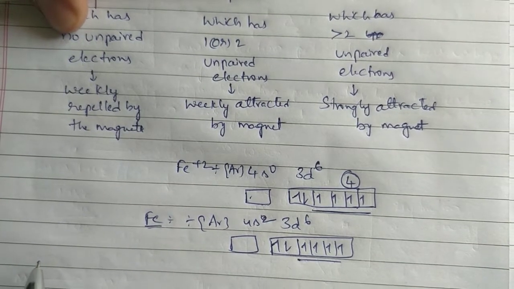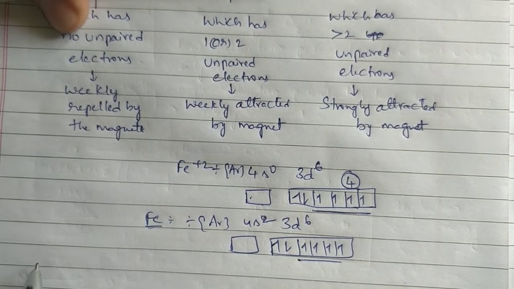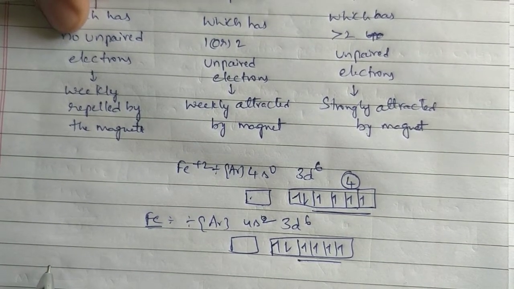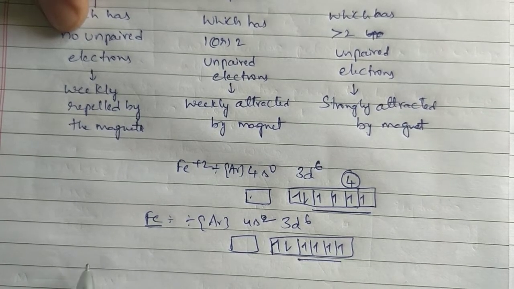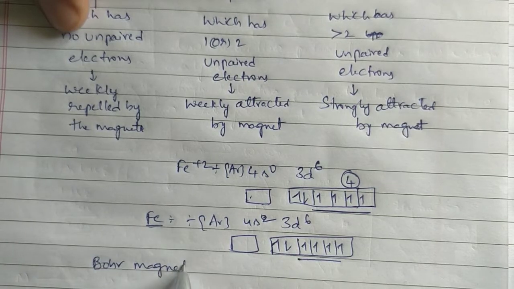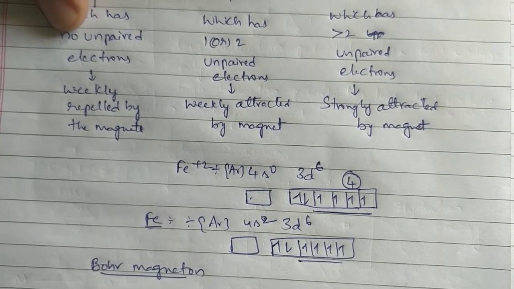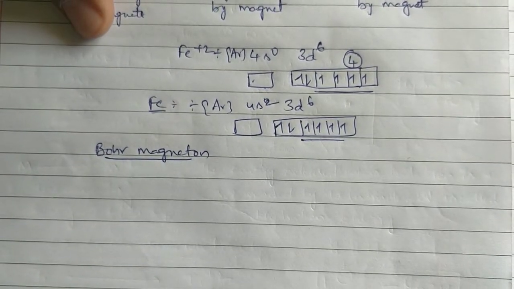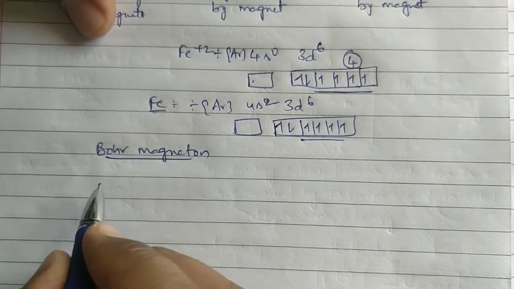Okay, now magnetic field will be measured in terms of units Bohr magneton.